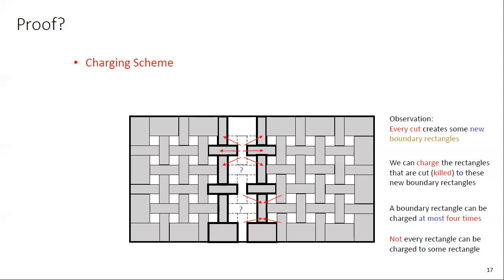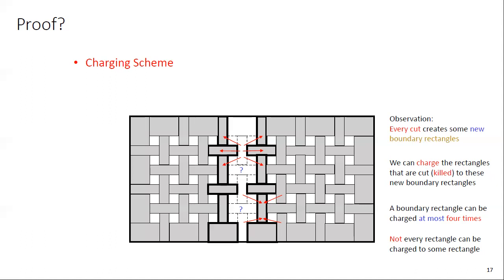It's a nice idea, but the problem is that not every rectangle can charge. It's possible that a lot of rectangles charge the same rectangle. Maybe I want to make a drawing. Imagine I have a rectangle like this, and I have a lot of rectangles like that, and we cut here.